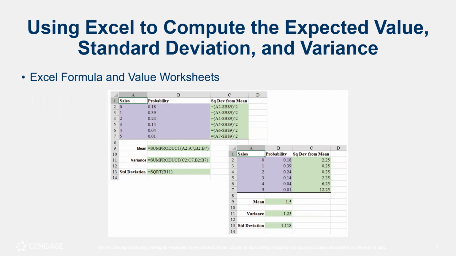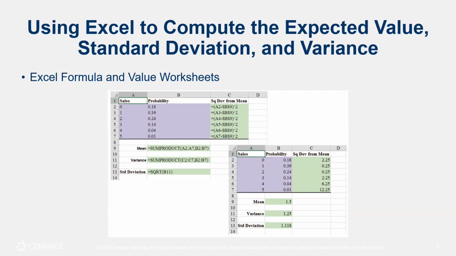So if we wanted to find the mean of this probability distribution, we can just use this. That's for standard deviation. We do sum product of A2 to A7.